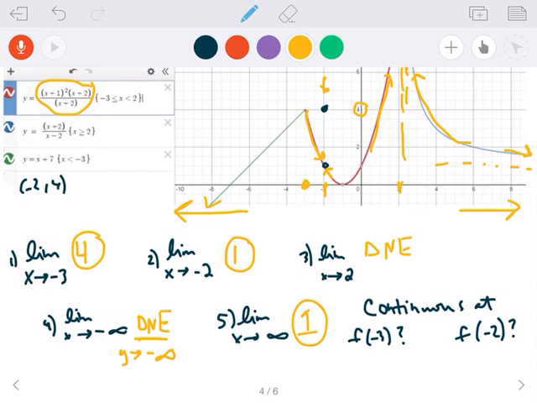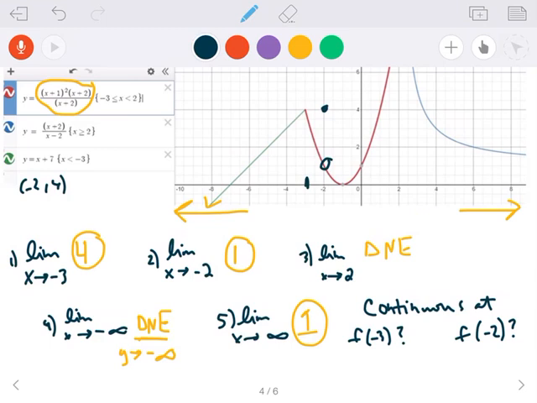The other part of this section is talking about continuity. So I'm going to erase all my marks here, and we're going to talk about continuity at a couple of points. Remember, there is a hole here. So when we look at f of negative 3, so here, is the graph continuous there?